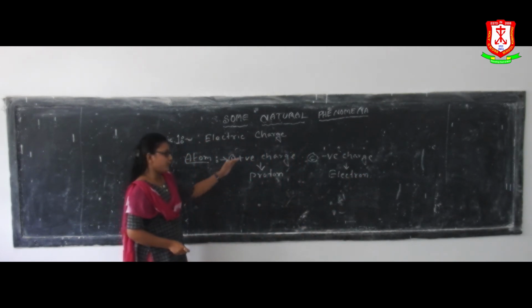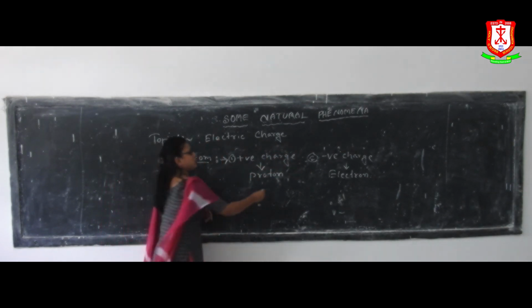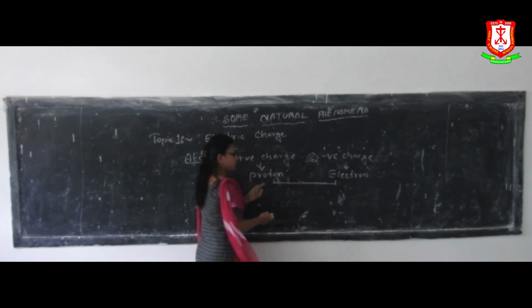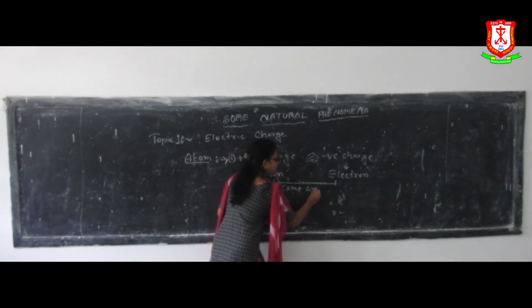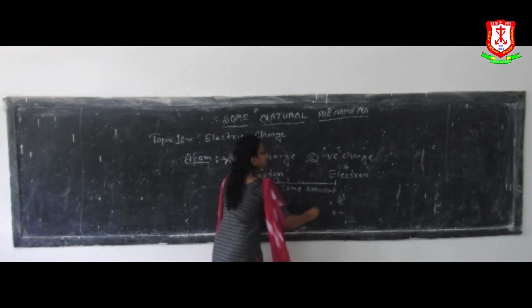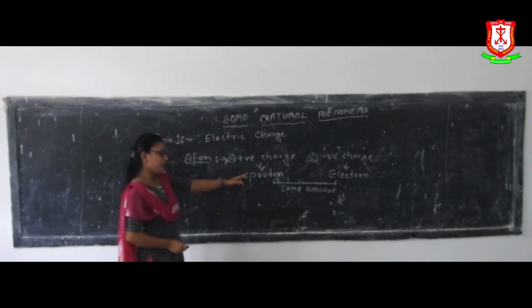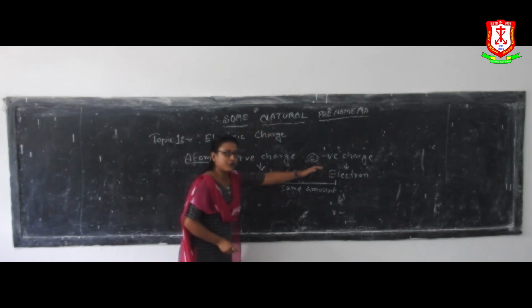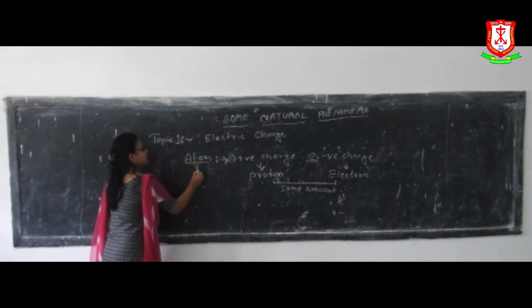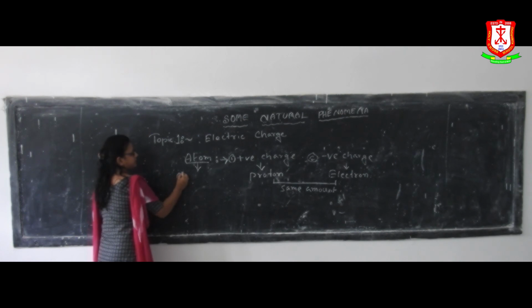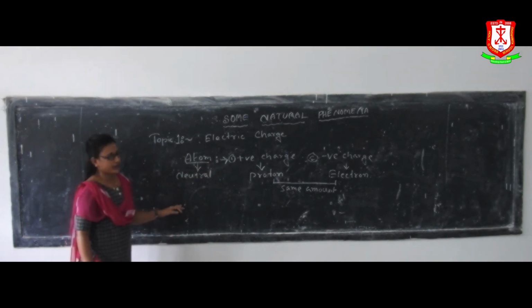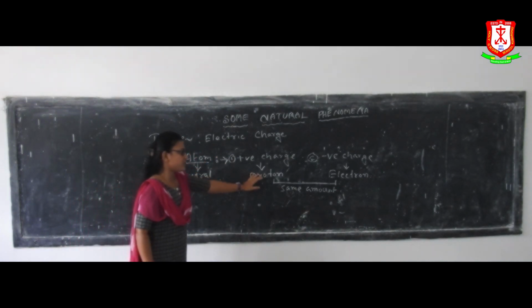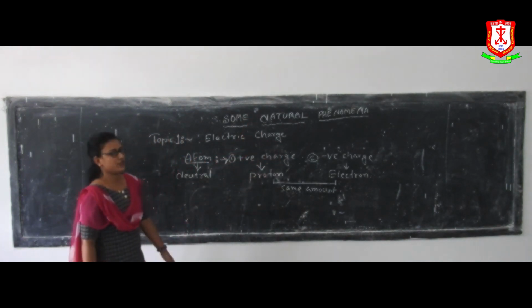The amount of protons and electrons inside the atom is the same. So the same amount of positive charge and the same amount of negative charge means any atom is neutral in nature.